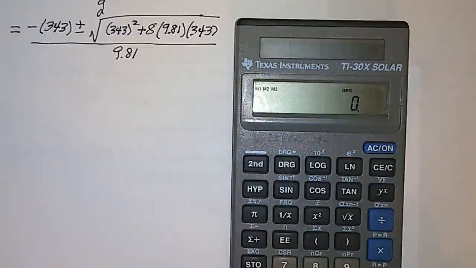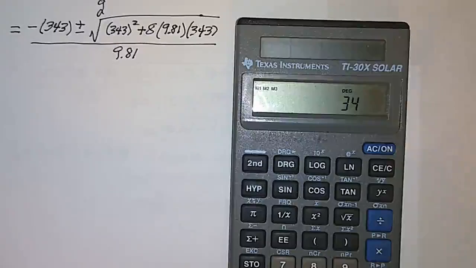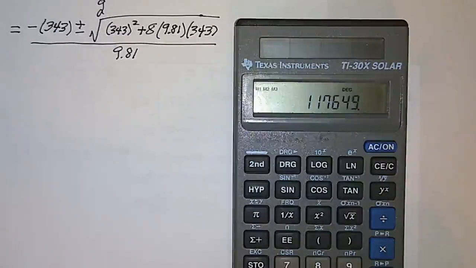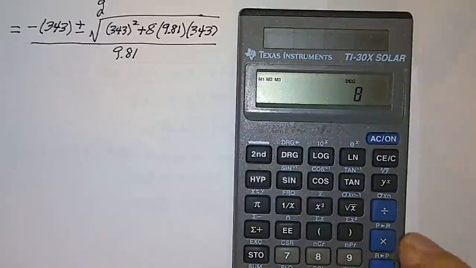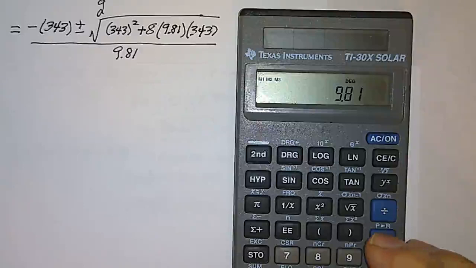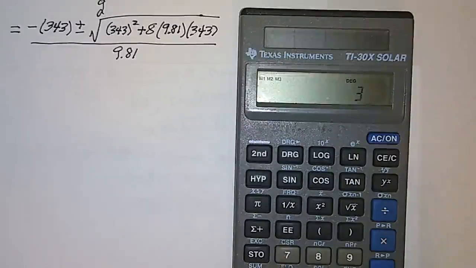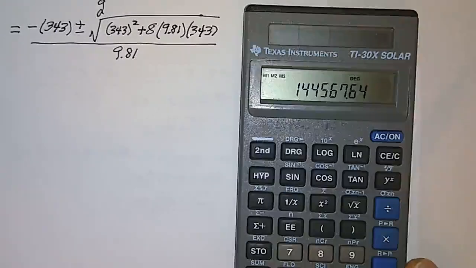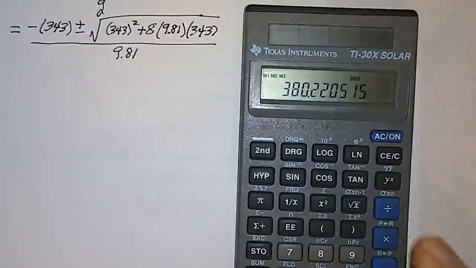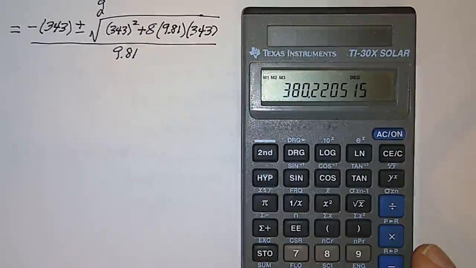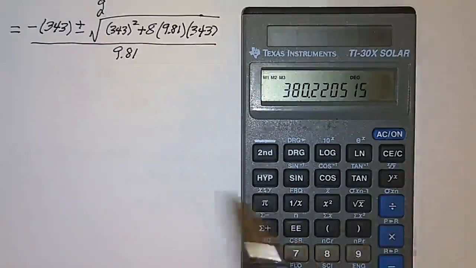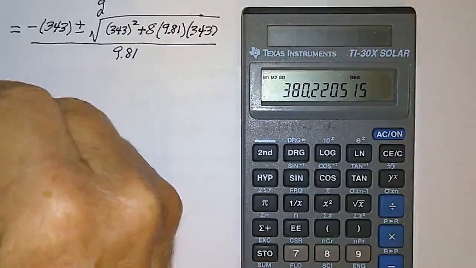So I'll put in 343, square that, plus 8 times 9.81 times 343 equals, that's everything that's under the radical. Take the square root of that, and I get 380.22 plus some extra digits. So let me write that down.